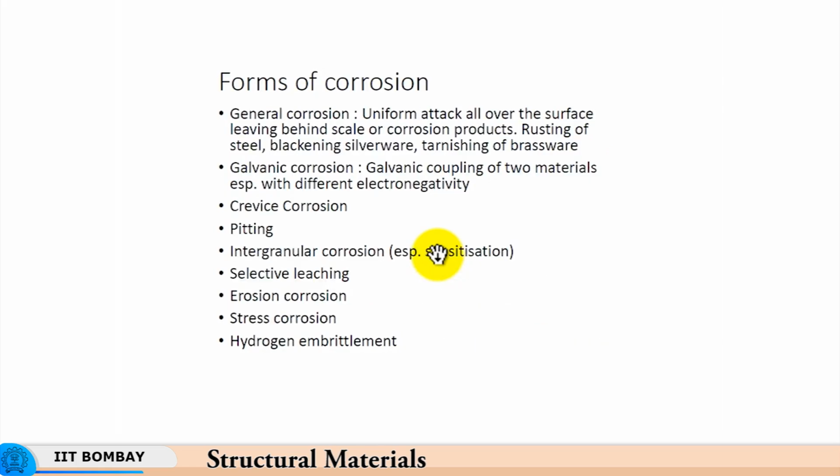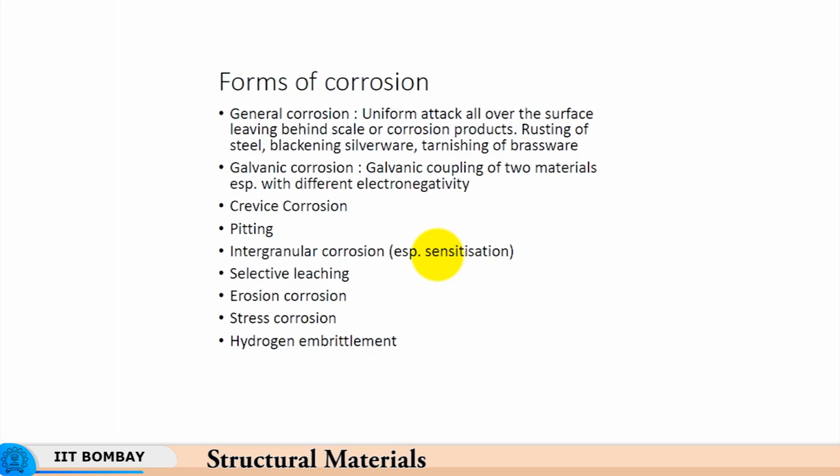Then you have crevice corrosion taking place, corrosion in the crevices. Many times we have two plates put together, or in an assembly we have two components put together, and that generates a crevice at times. Just like when we fasten two plates together, make a lap joint, then we fasten a bolt.